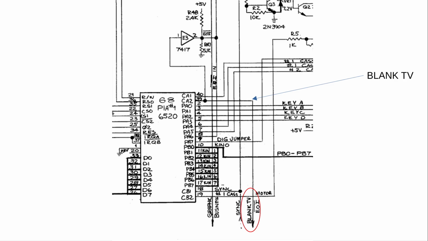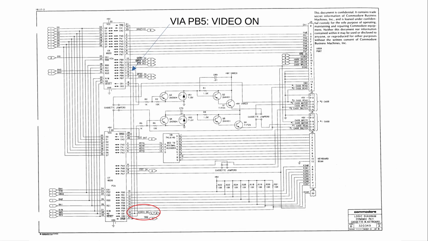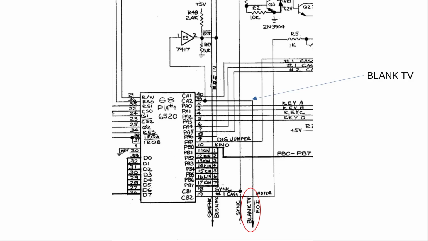There's this blank TV, which is basically a reuse of the same as the and or identify output for the IEEE 488. So if you go back to the original schematic, we can see here's the and or identify out, and that's it. There is no connection to the video. But in the original pad, if you change this line, that blanks the TV.